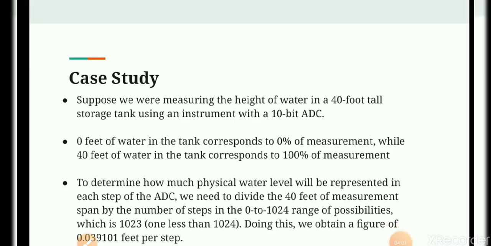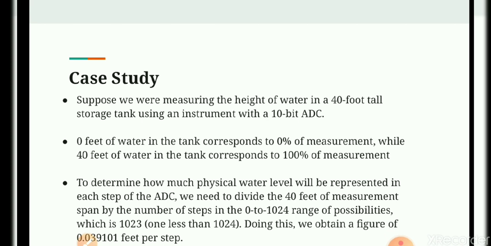Now, suppose we take a case study in which we are going to measure the height of a water tank, which is 40 feet tall, with the help of an instrument with a 10-bit ADC. We are taking this case study to establish an analogy to understand the general working of an ADC.